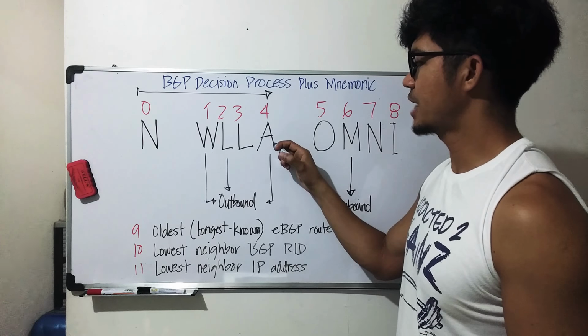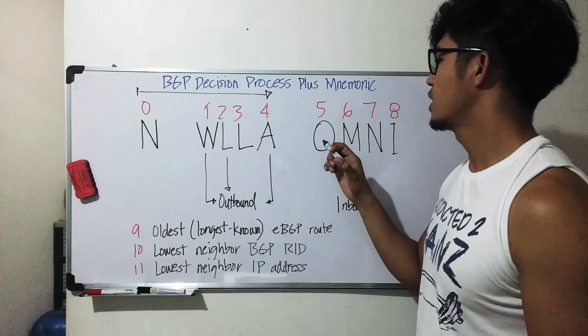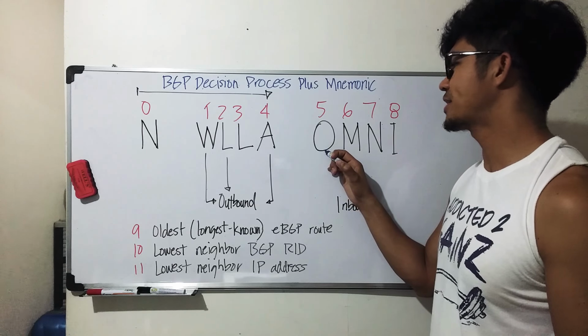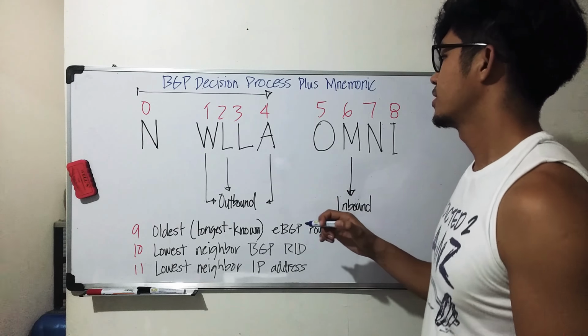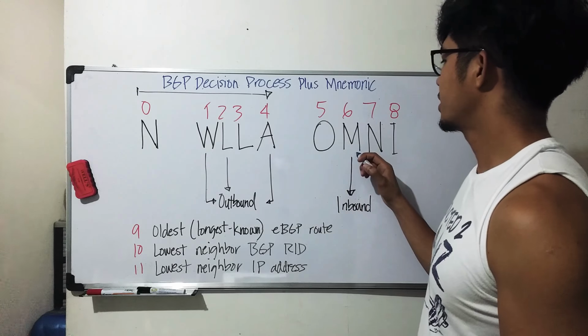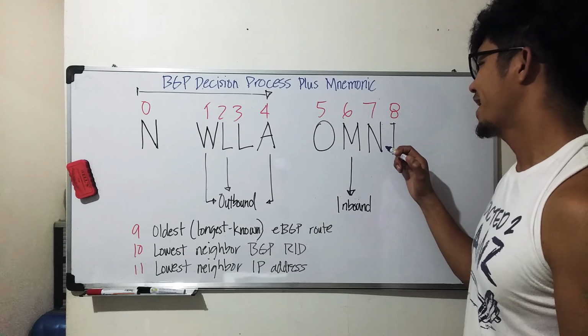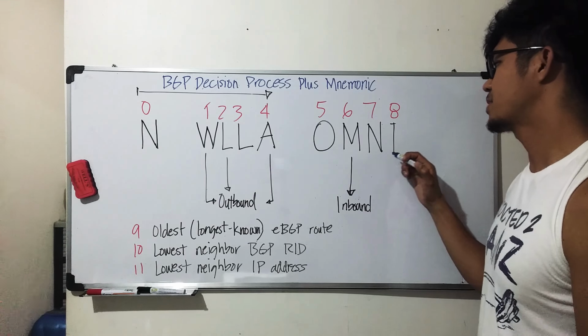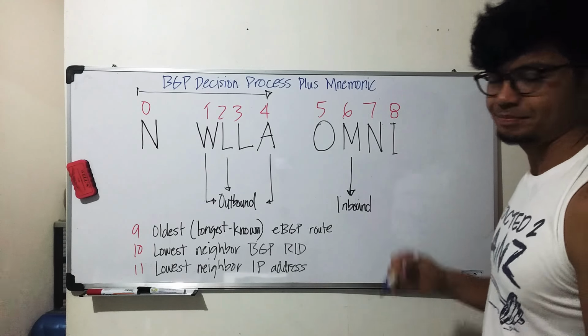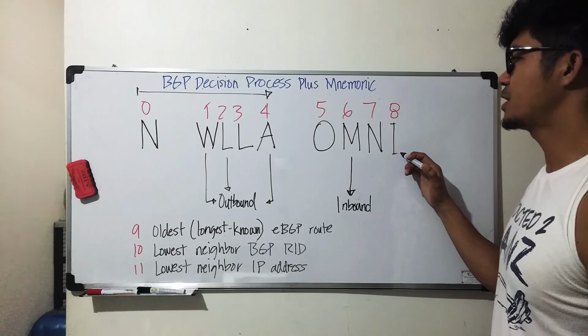And A is just AS path. O is origin, and M is for metric, N is for neighbor type, and I is for IGP metric.